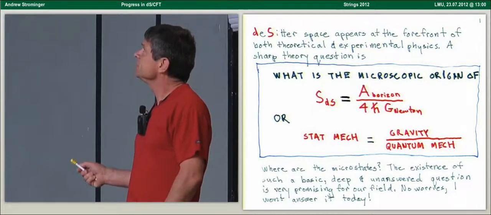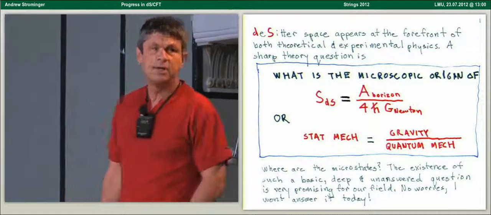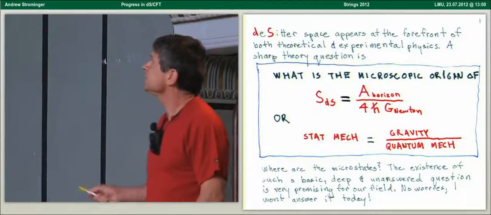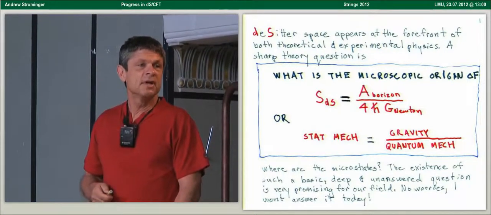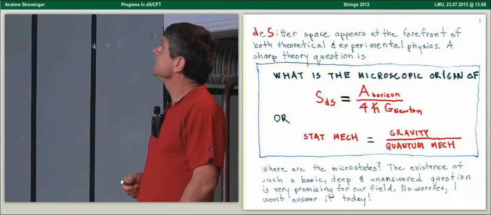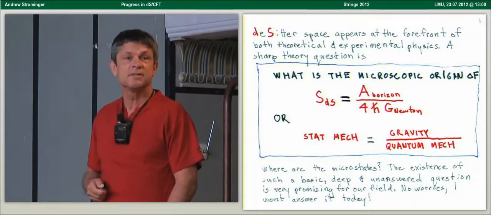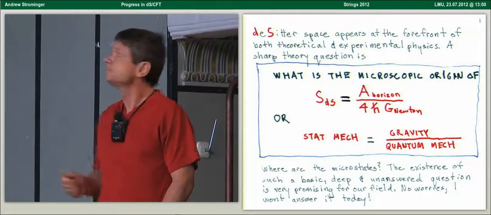So this simple formula, which contains a very definite numerical factor, relates three of the main areas of modern physics, and moreover, the best part about it is it does so in a way which we really don't understand very well.